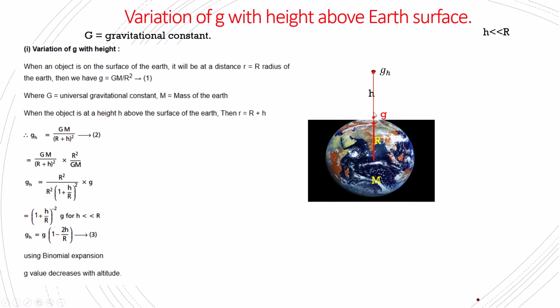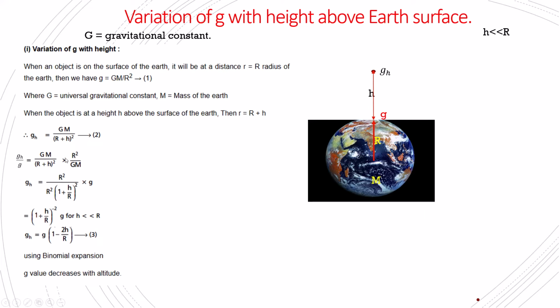At earth's surface g has value g equals capital G capital M by r square, and at height h, gh is equal to, we replace r by r plus h, and we get gh equals capital G capital M by r plus h whole square.